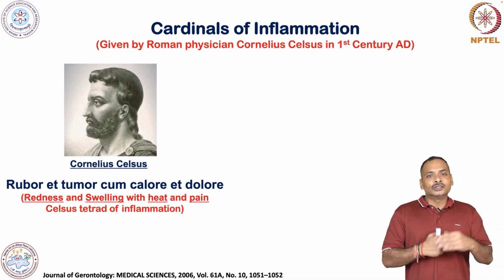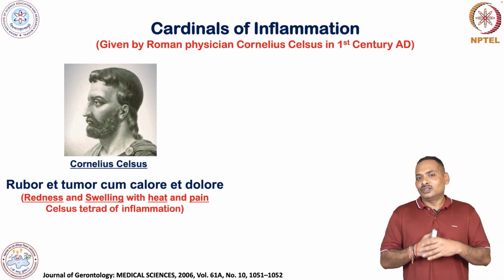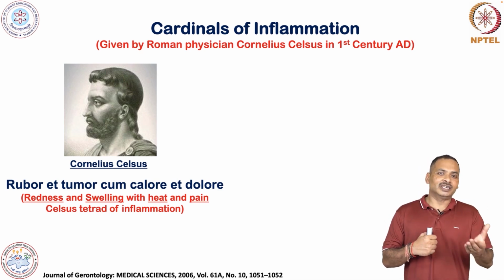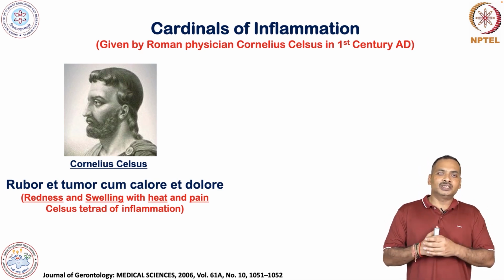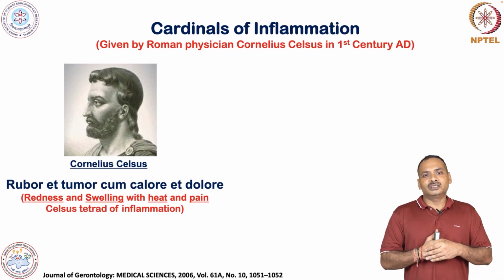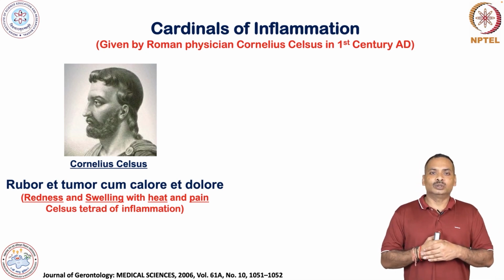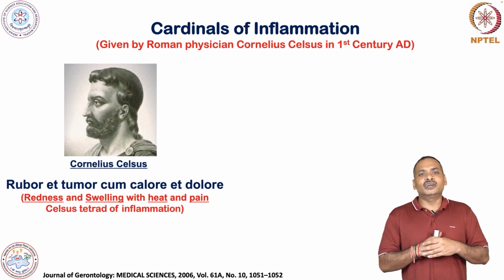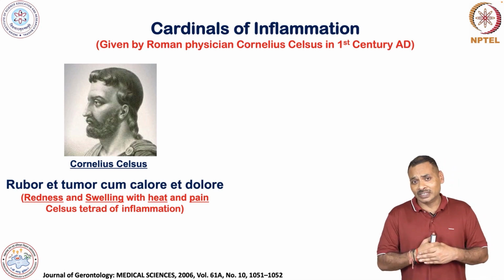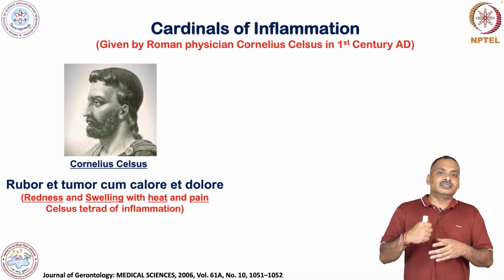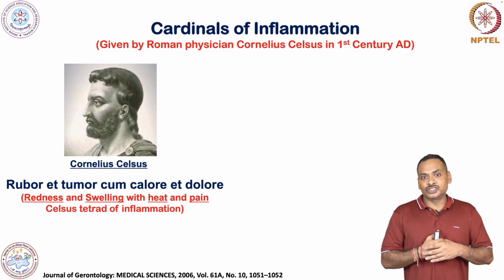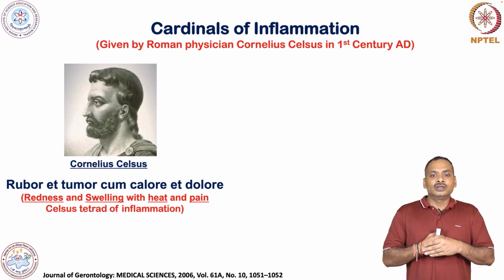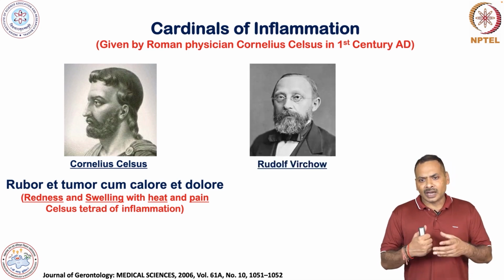So he gave this concept of inflammation. All these 4 signatures are not essentially present at one time at one site. Maybe 1 or 2 will be there, or 2 or 3, or maybe all 4 will be there. This concept was further added to by Rudolf Virchow, and he gave the concept of functio laesa.